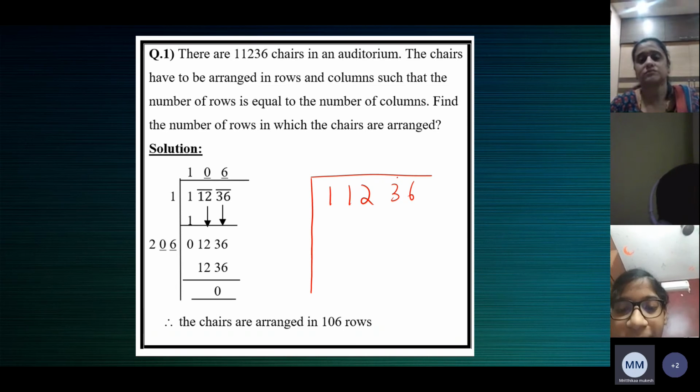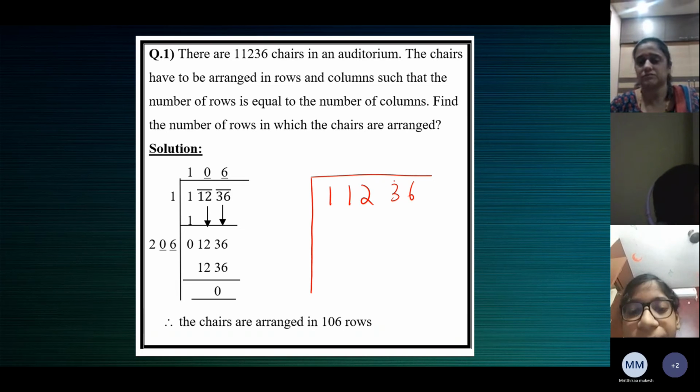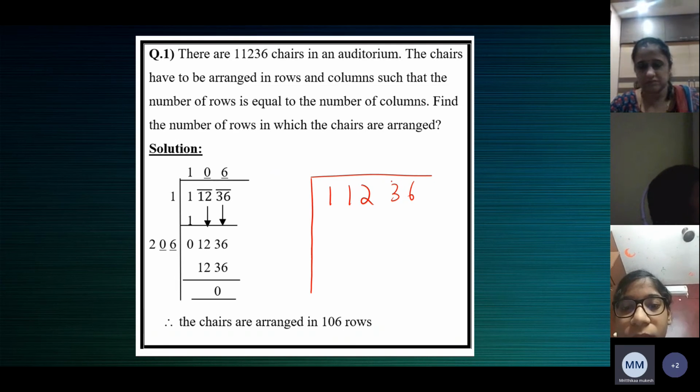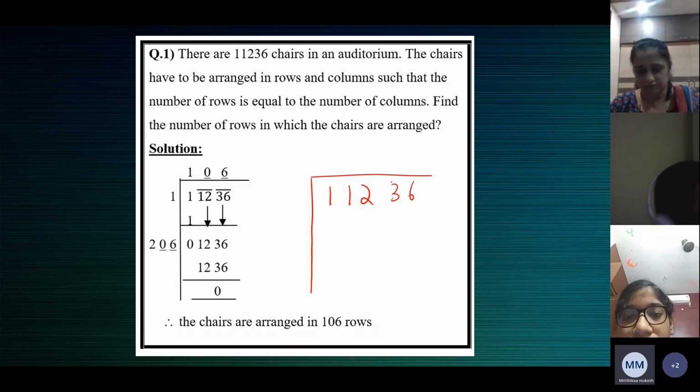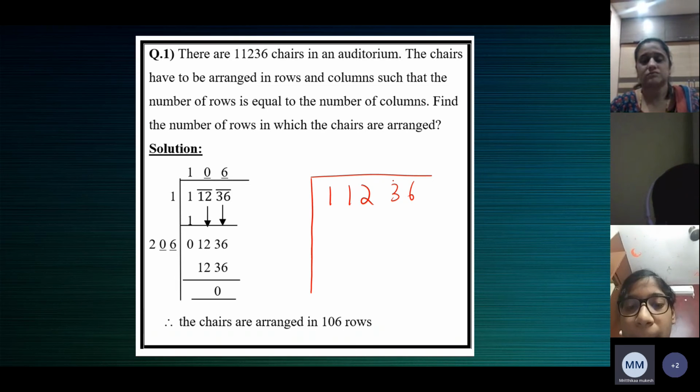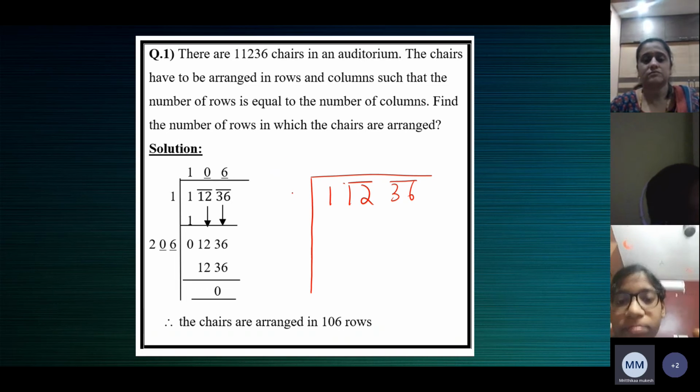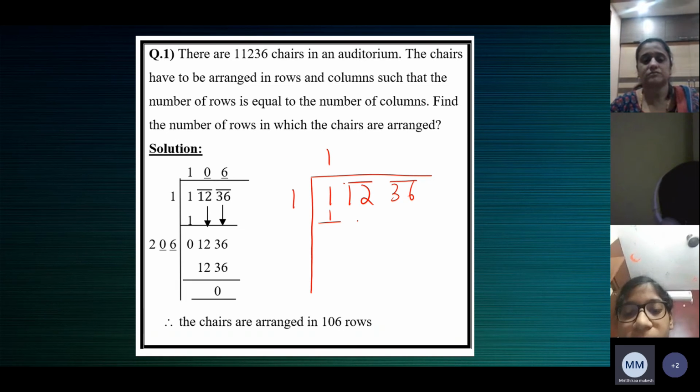When we take 1, 2, 3, 6, we should first pair the numbers. When we pair, 1 will be left out. So 1 ones are 1, and now the remainder is 0, and now we should take 12 down.